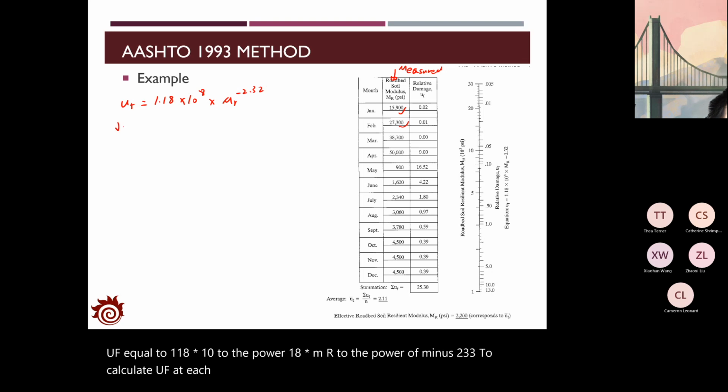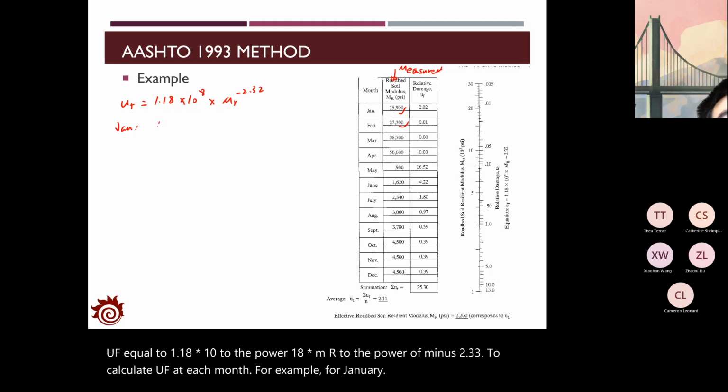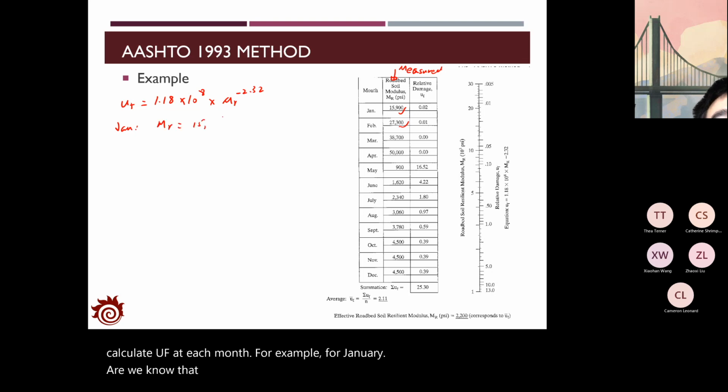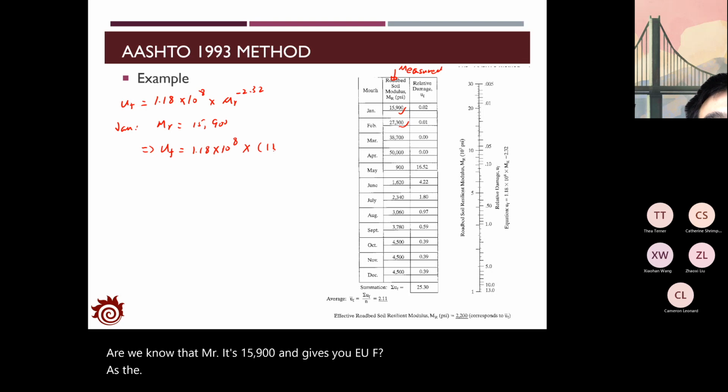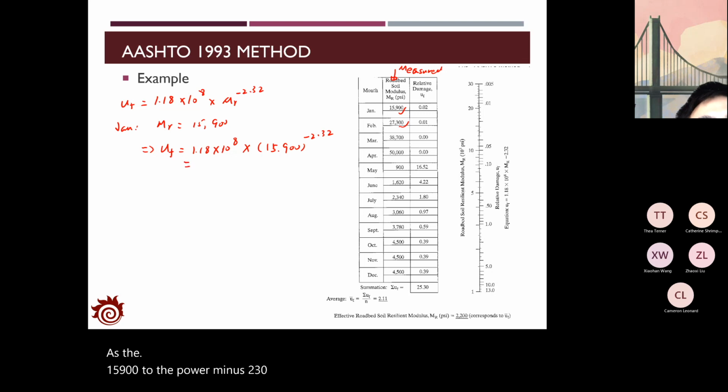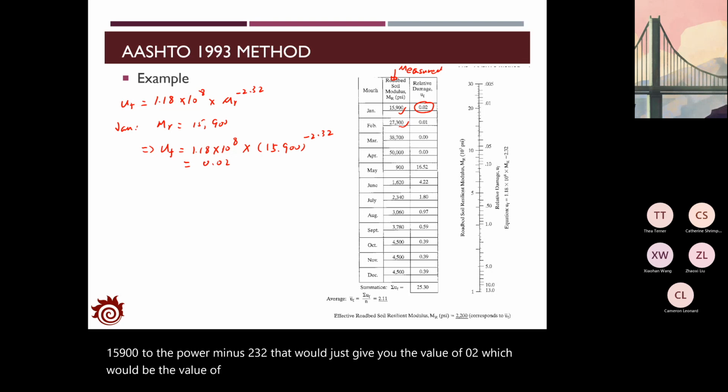For example, for January, we know that MR is 15,900, and it gives you the UF as 15,900 to the power minus 2.32. That will give you the value of 0.02, which would be the value of the relative damage UF. And you can find out the UF for different months.